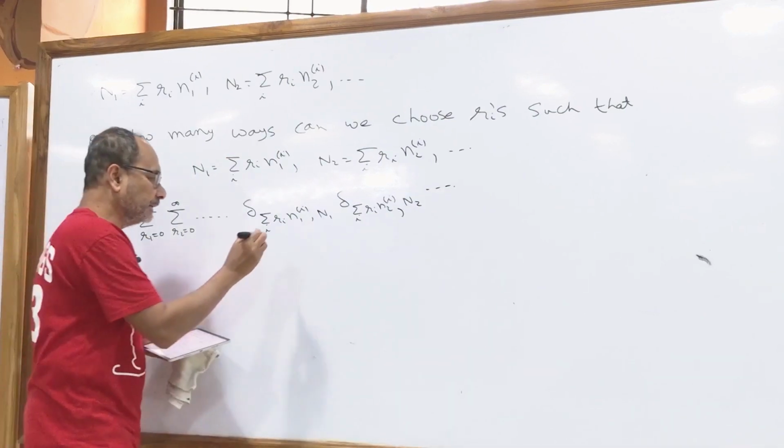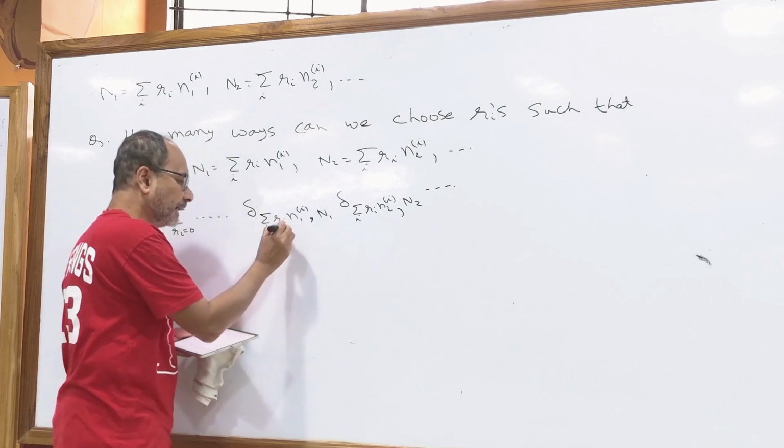These are Kronecker delta functions, which tell us that it vanishes unless these two are equal.